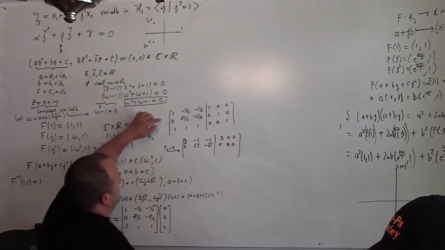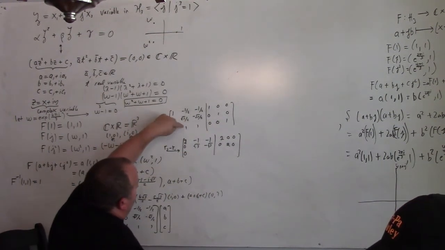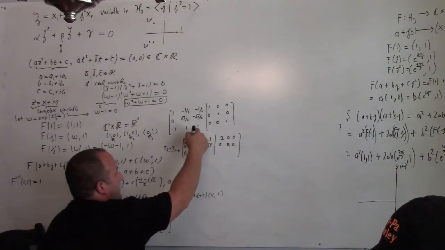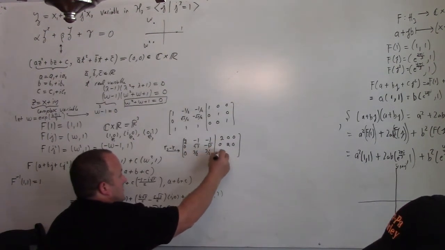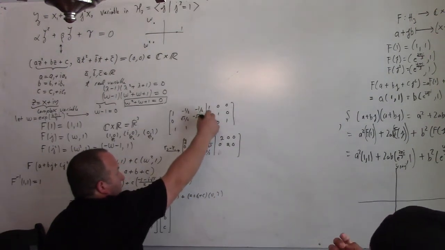All right, so going back here. This minus that gives me 0. This minus that gives me 3 halves, and 3 halves again. Okay, so row 3 minus 1.